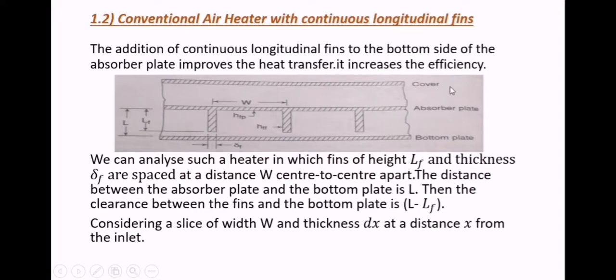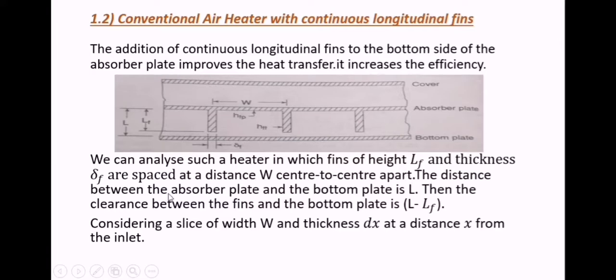The next type is the conventional air heater with continuous longitudinal fins. The addition of continuous longitudinal fins to the bottom side of the absorber plate improves the heat transfer. It increases the efficiency. We can analyze such a heater in which fins of height LF and thickness delta F are spaced at a distance W center to center apart.